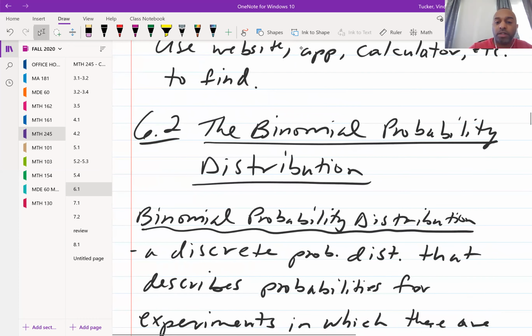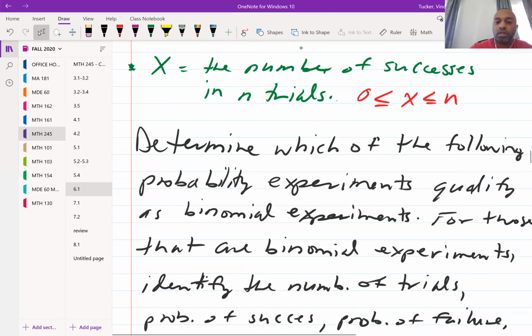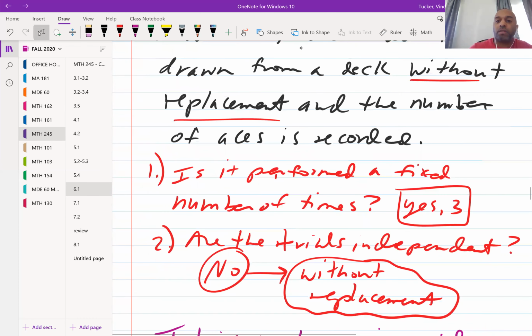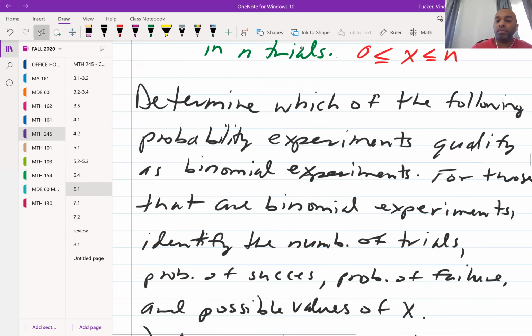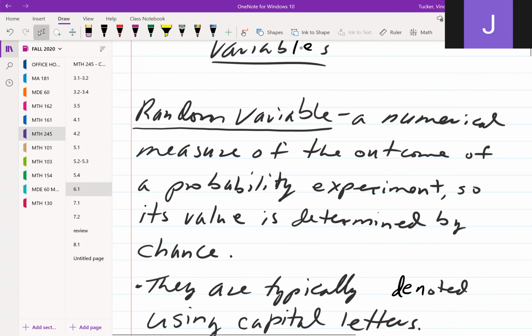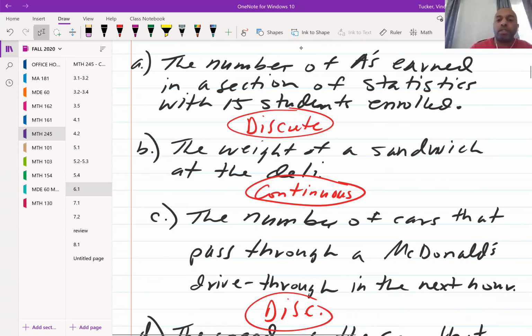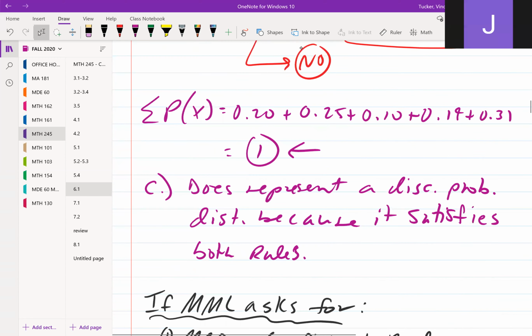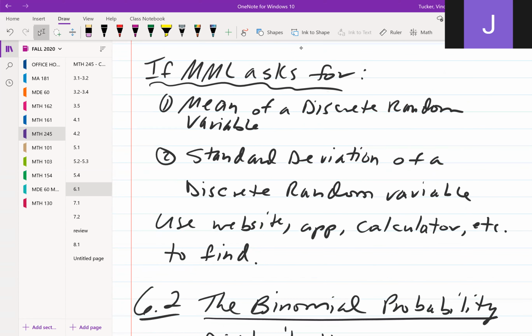Let me see, did I write it down here? I must not have written it, okay. Can you go back to number 2 for MyMathLab? Yeah, hold on. I was looking for something that I had written down. Maybe I didn't write it from the other class. Well, I thought I wrote it for this class.